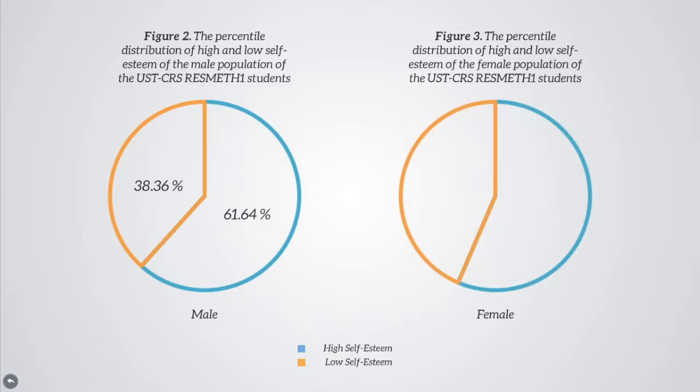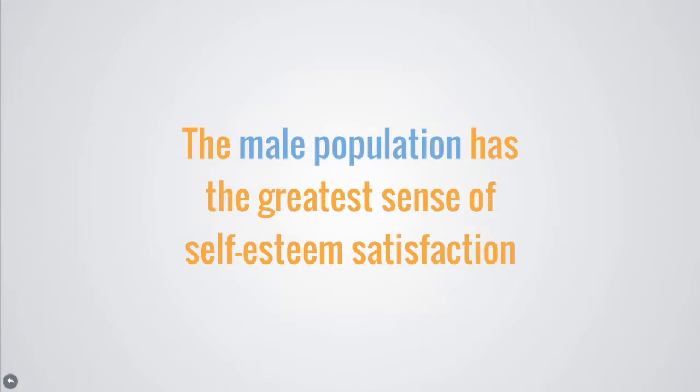For Figure 3, the female population has a percentage of 43.62% for low self-esteem and 56.51% for high self-esteem, thus leading us to the result that the male population has the greatest sense of self-esteem satisfaction.